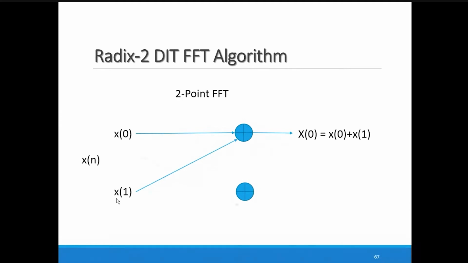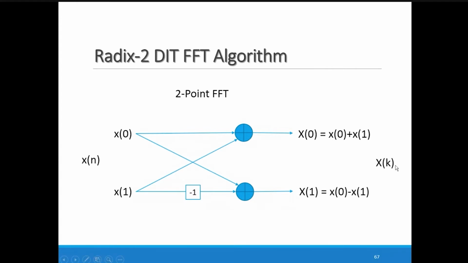The second one is x0 minus x1, so we multiply with minus 1 to obtain X of 1. Here we are doing the addition operation, and here the same addition operation, but the sign of x1 is reversed. This is how we can compute the 2-point FFT.